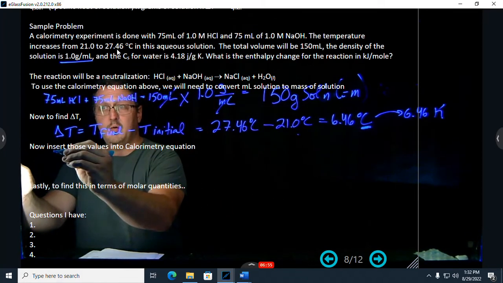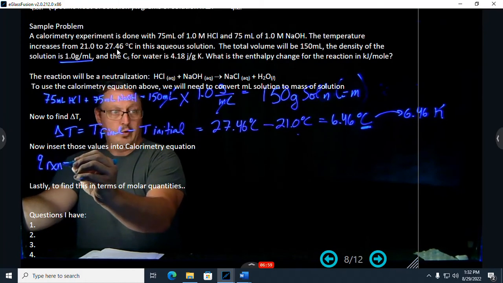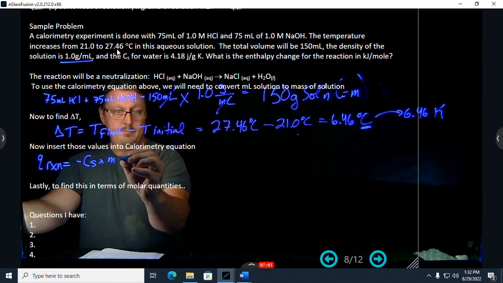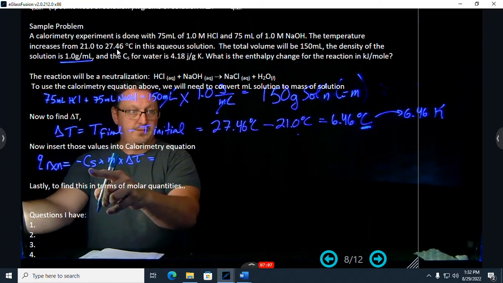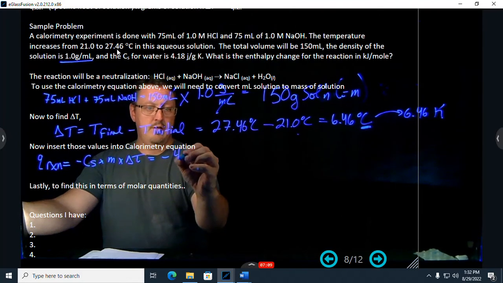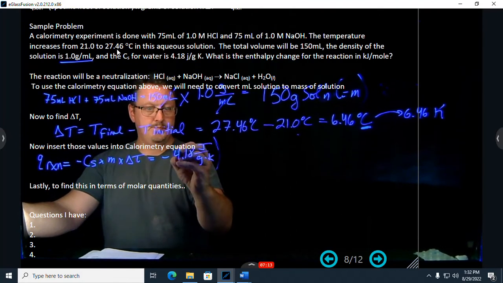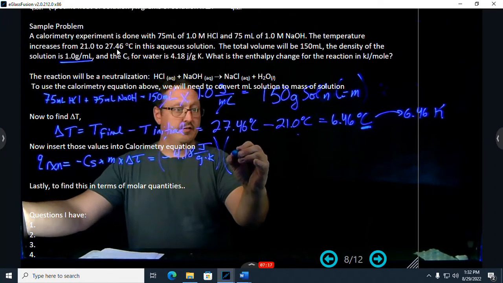So let's insert this into our equation. Okay, so our Q of our reaction is going to equal negative Cs times m times delta T. Okay, so negative Cs, negative 4.18 joules per gram K, times my mass, which is 150 grams.